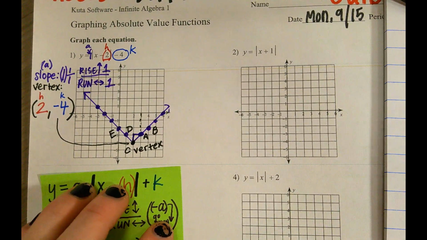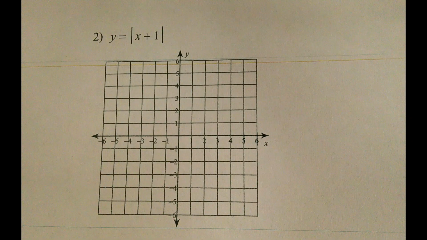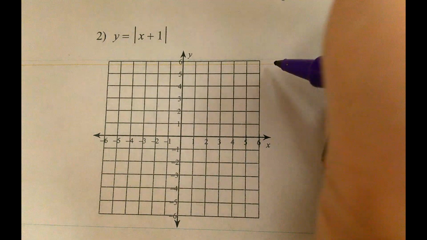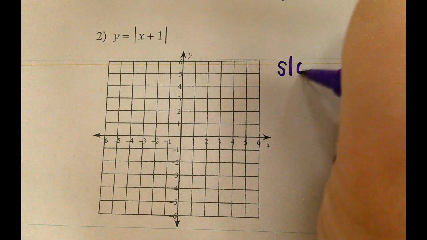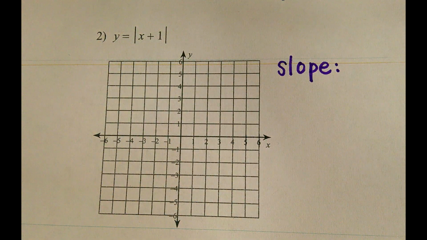Now I have y equals absolute value of x plus 1. So again, just like in number 1, we're going to start by figuring out our slope and our vertex.